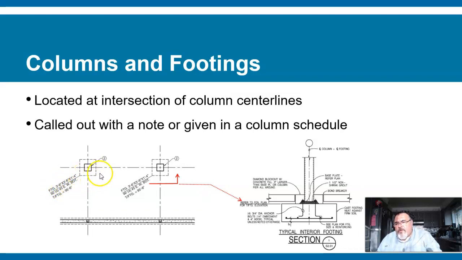So this is a 3'6" by 3'6" square by 1 foot 4 inches, so it's 1 foot 4 deep with 4 number 5 EWs at the bottom and top of the footing. So the top of the footing is going to be at 95 feet 6 inches.